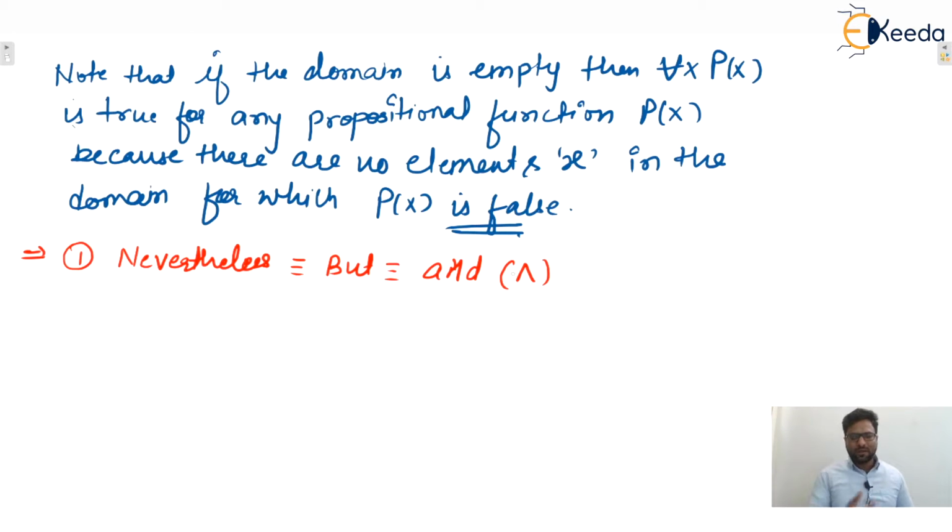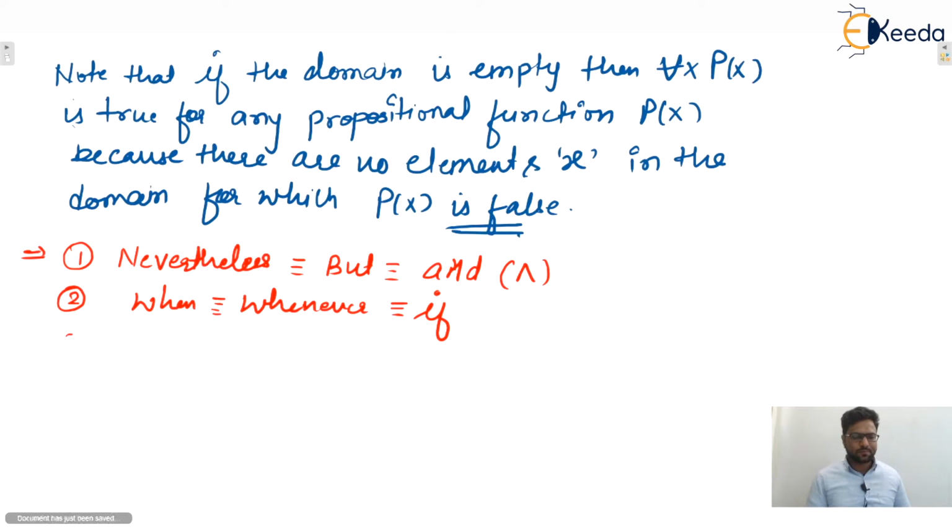So when we convert these English words into a logical statement, nevertheless, but, or and all have the same meaning, that is logical and. Also, whenever, or if, the meaning is the same for all these words.